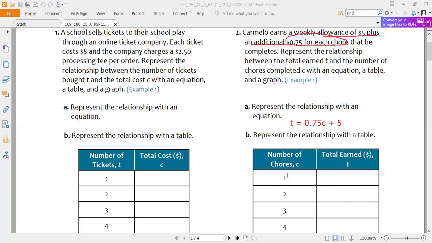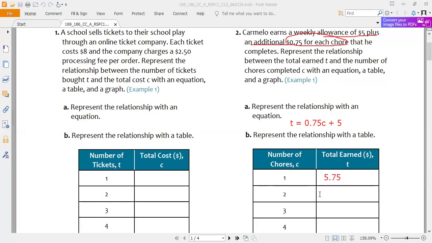Now he's saying the number of cores C, so replace C by 1. If you replace it by 1, 0.75 multiplied by 1 will remain the same, so it will be 5.75.